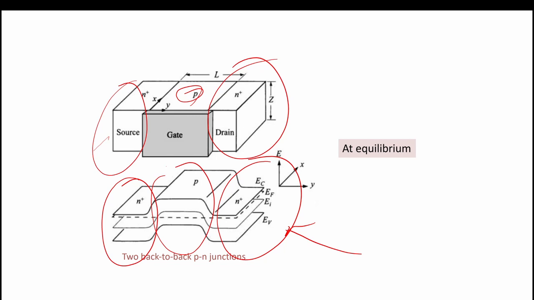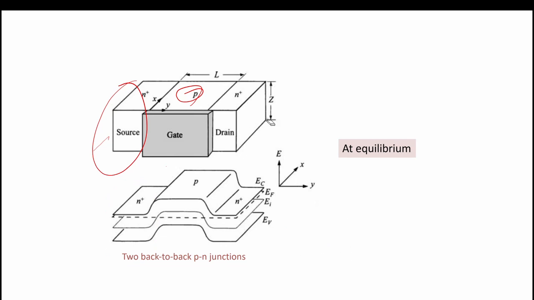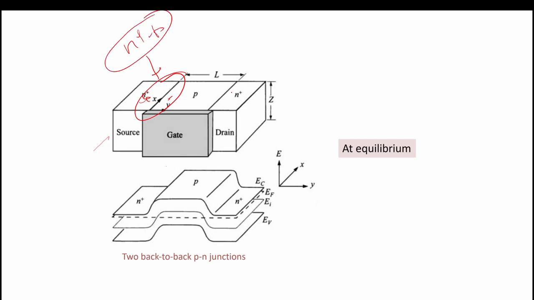Okay, now let us see the junctions one by one. So this is N plus, this is P. This junction is an N plus P junction. This junction is a P N plus junction.